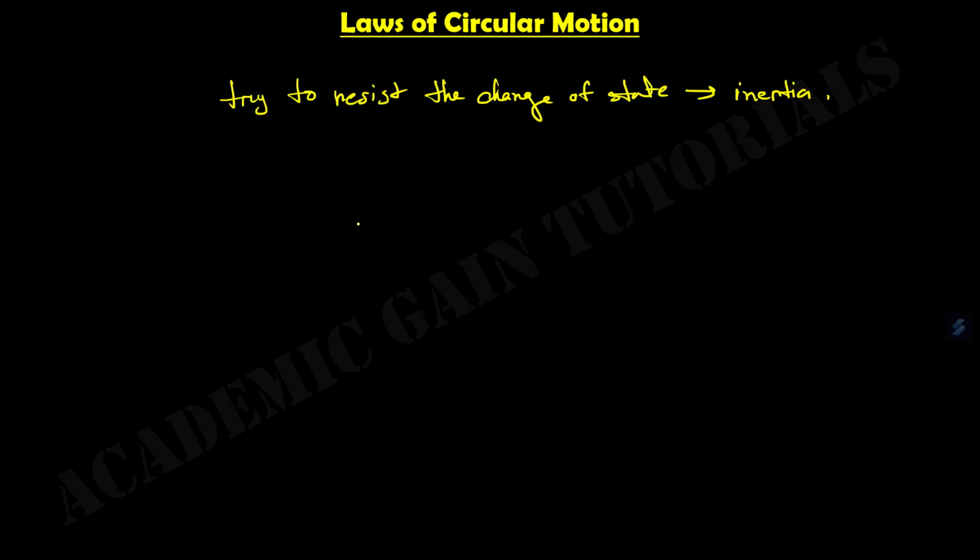So we discussed in our previous chapter that the bodies which are at rest or in some linear motion try to resist the change of state, and this is known as inertia. Like linear motion, there exists a type of inertia which resists the change of state of a body.